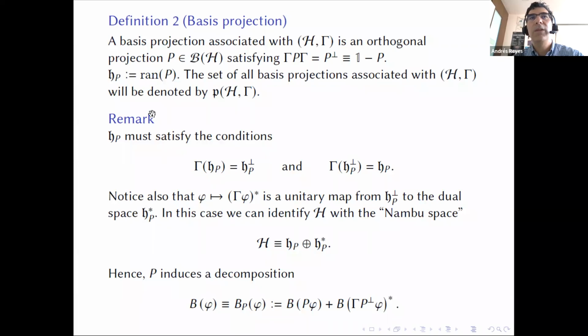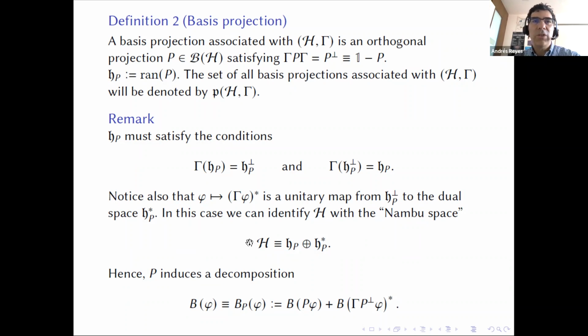So let me call H_P the image of the projection; then the image under gamma will be the orthogonal space. And this allows us to decompose the original Hilbert space as a direct sum of the Hilbert space H_P plus its conjugate, or its orthogonal complement. And in this way, we come to something which looks quite close to the formalism of Nambu, which is also used in this context to solve this type of problems.